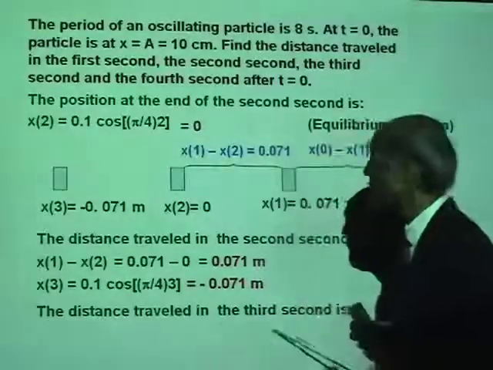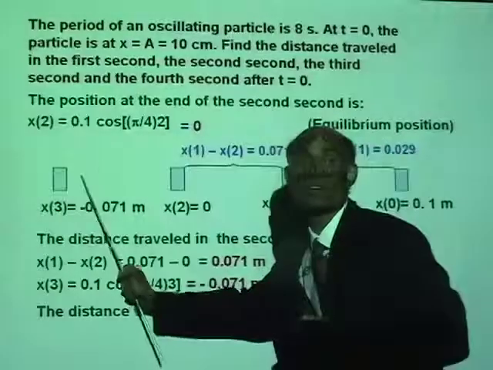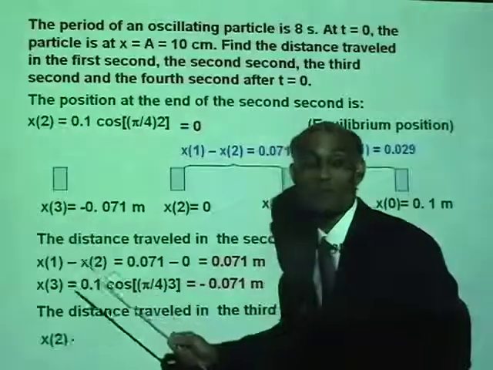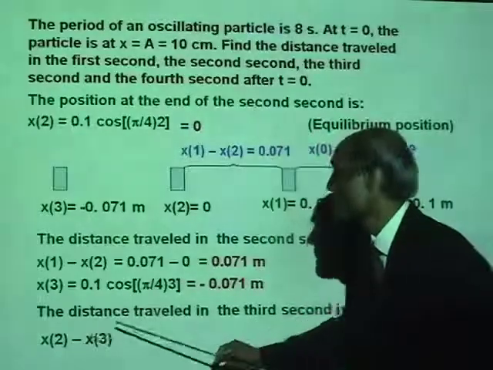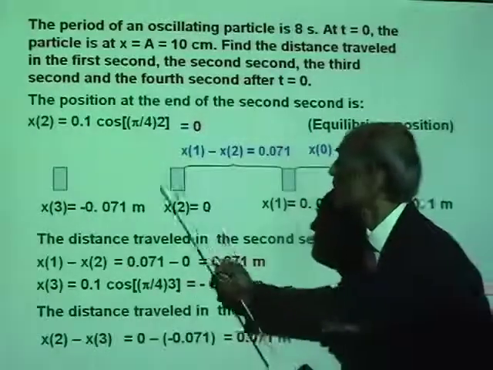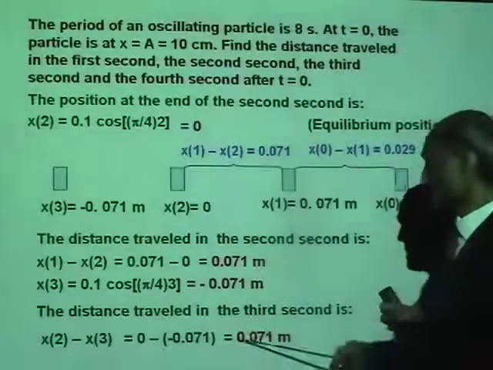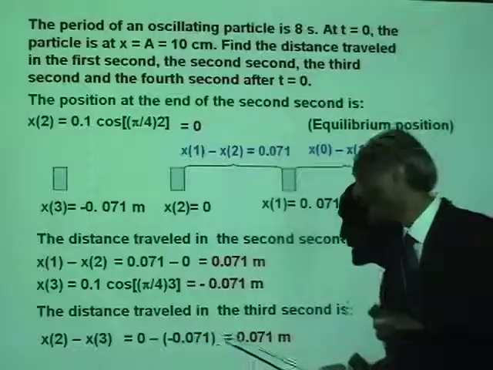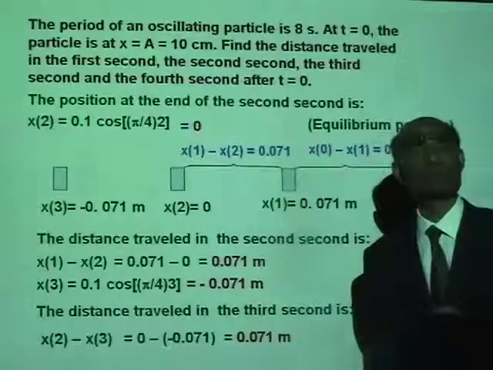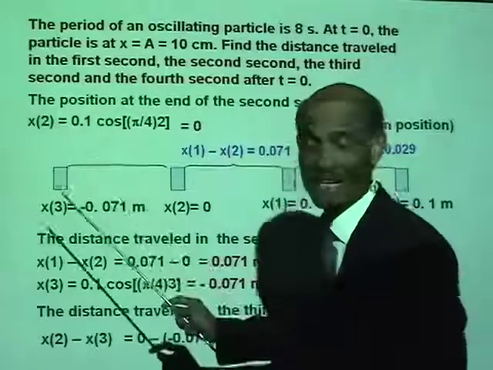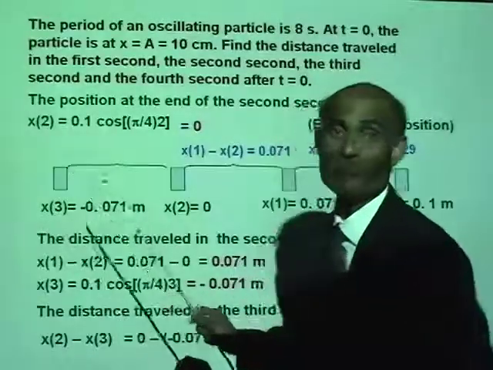So the distance traveled in the third second is x2 minus x3. Is that right? That is 0 minus negative 0.071, and that is 0.071 meter. In the third second, look at the symmetry here one more time.